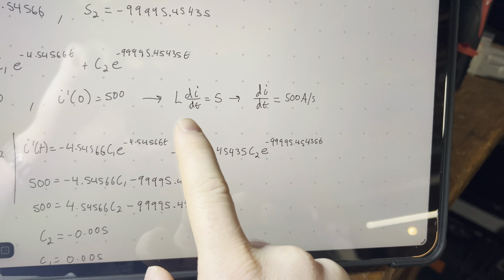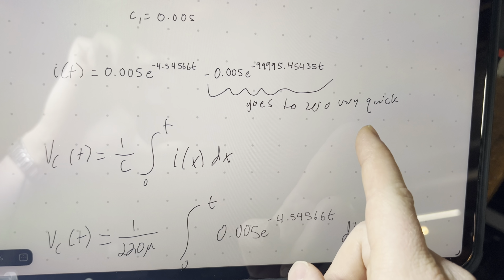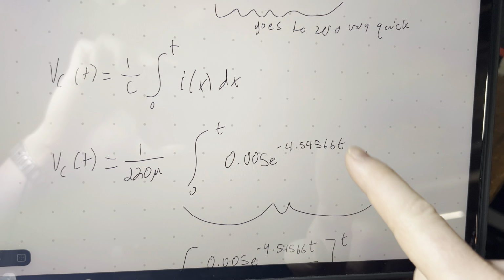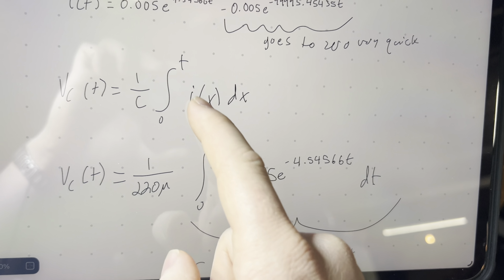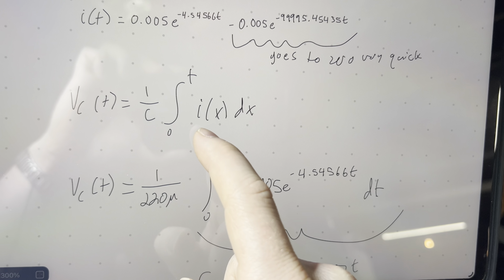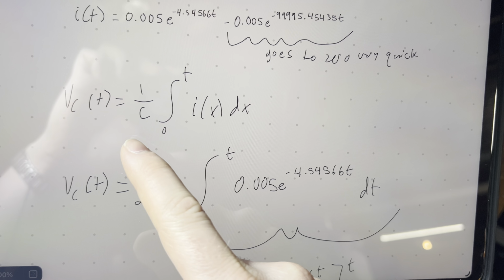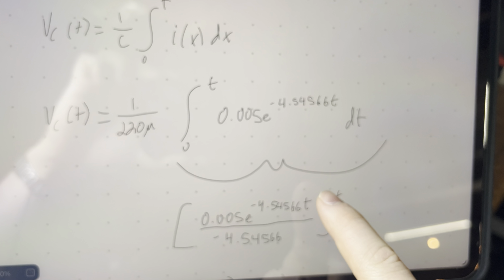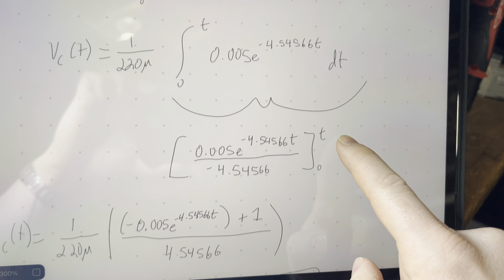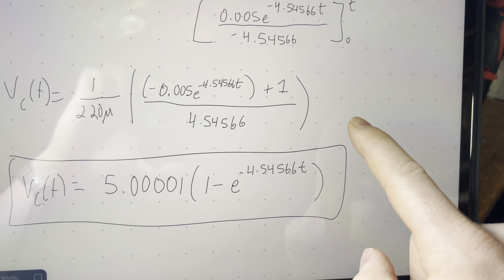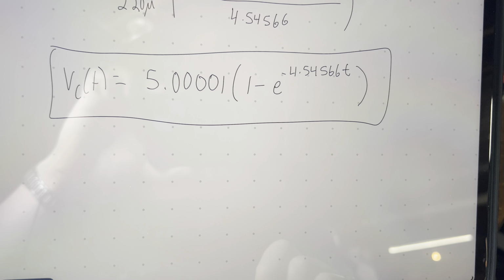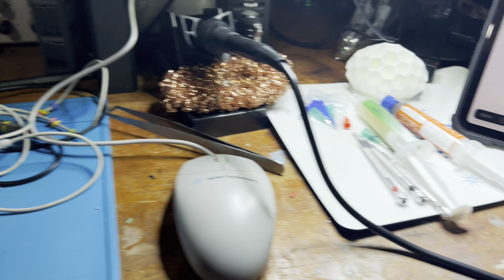And then I basically took this out because it goes to 0 almost instantly. And then here's the equation for capacitor voltage, and I just integrated this part of the equation right here, to get to finding our actual equation we want after doing a little bit of work there. And that's basically where we are. So that's our equation.